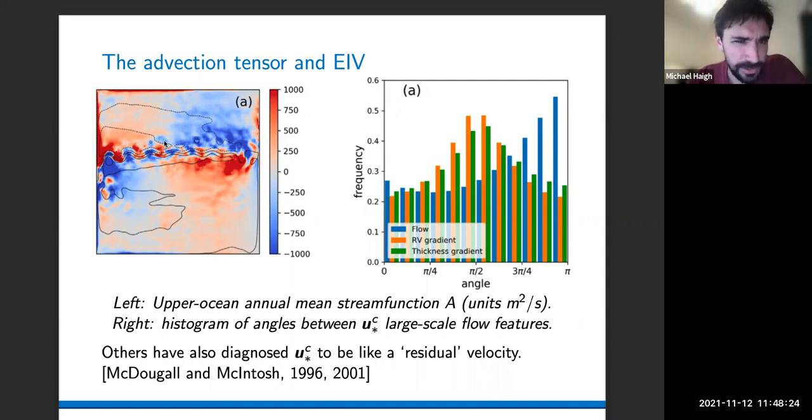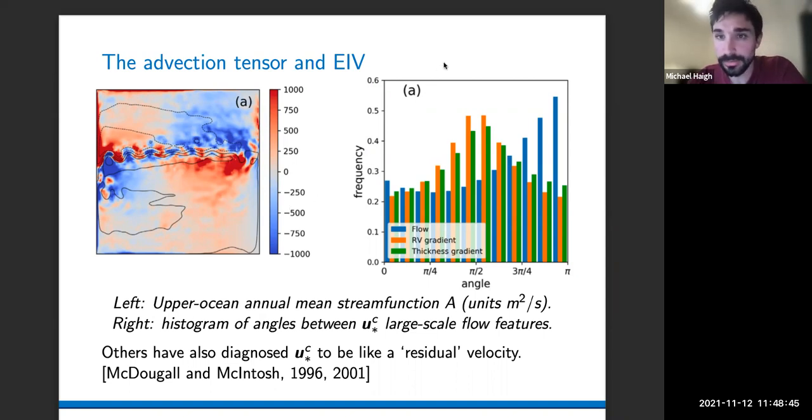And in this case, you might recognize that the corresponding eddy-induced velocity actually contains 4 large-scale rotating patterns, which circulate around the low stream function, high stream function regions.